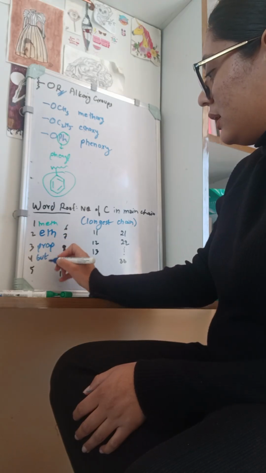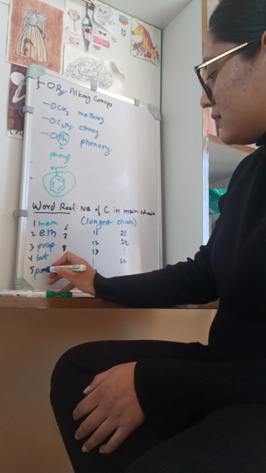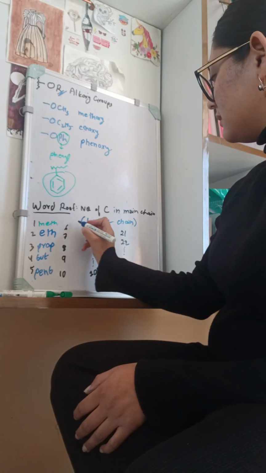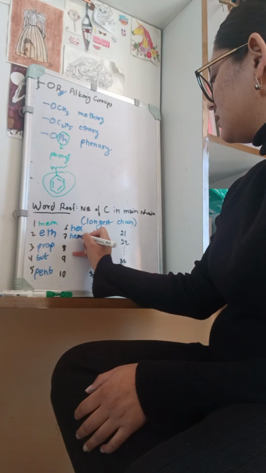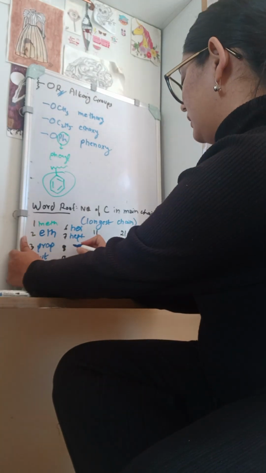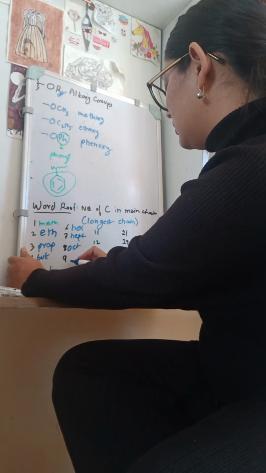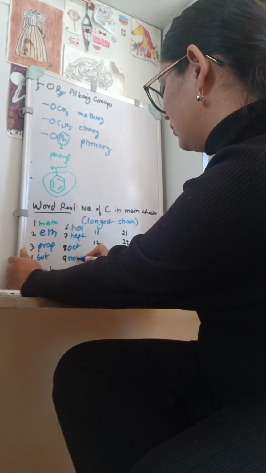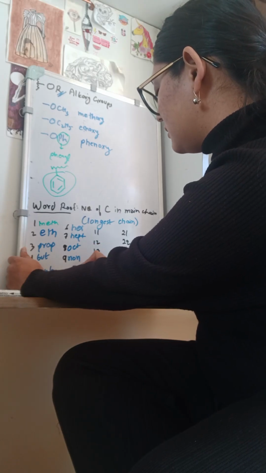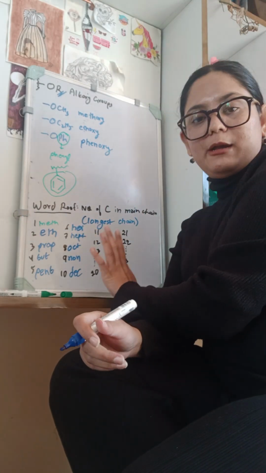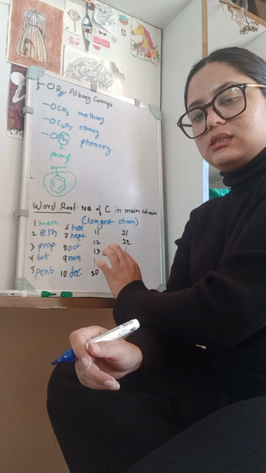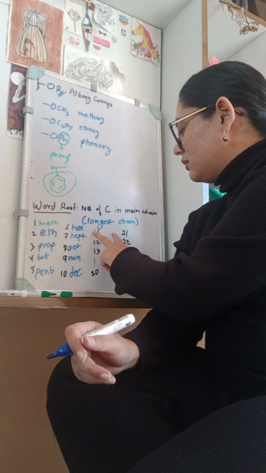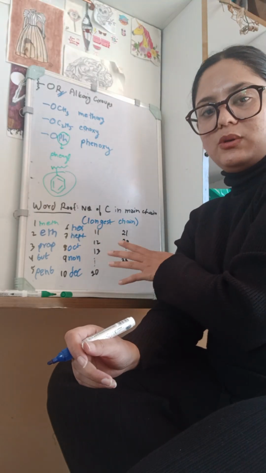For 4, but. 5 is pent. 6 is hex. 7 is hept. 8 is oct. 9 is non. 10 is dec. You should absolutely remember all these word roots up till 10. These are necessary, and the rest you also need to remember some of them.